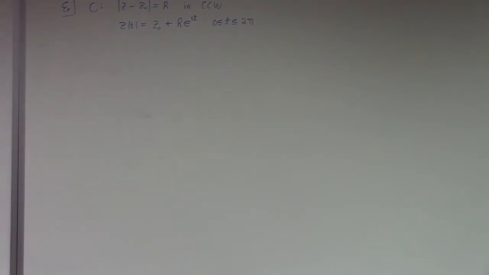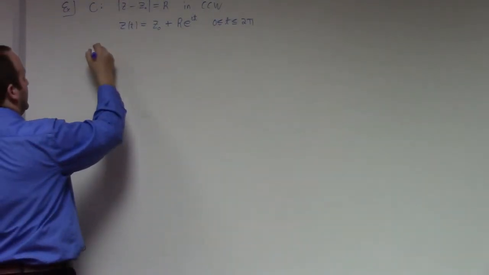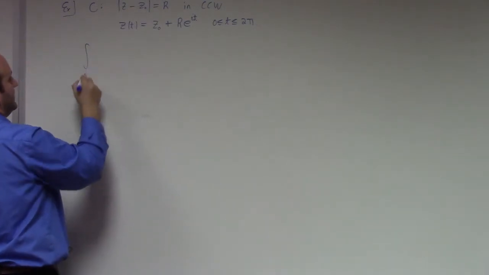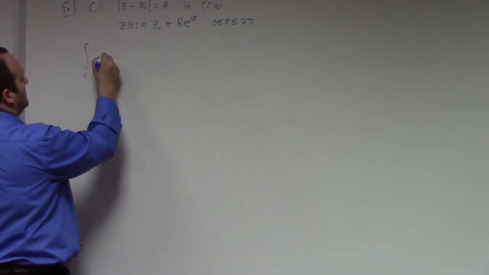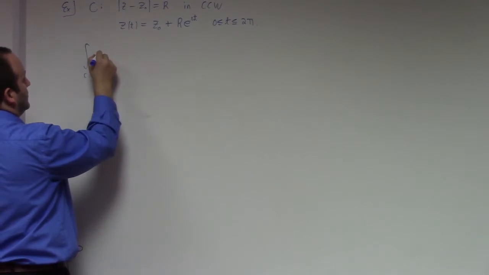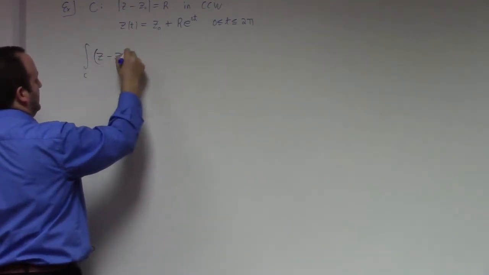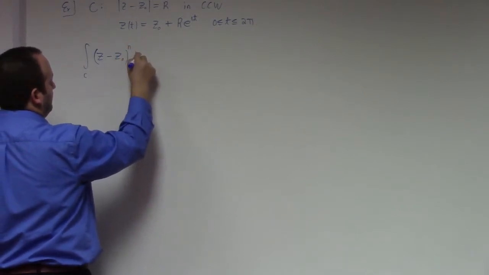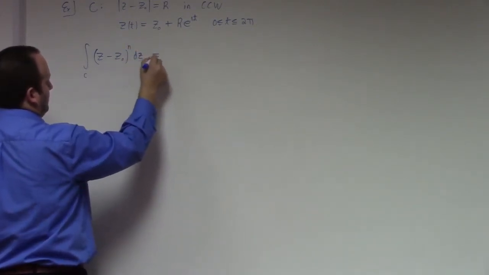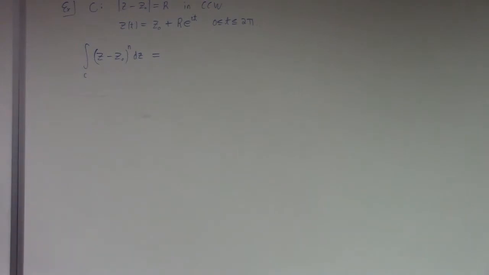Now I want to calculate the complex line integral of a particular complex function around that circle. And I'm going to be greedy. I'm going to calculate the integral along the circle of, let's say, z minus z naught to the nth power. So what's that?